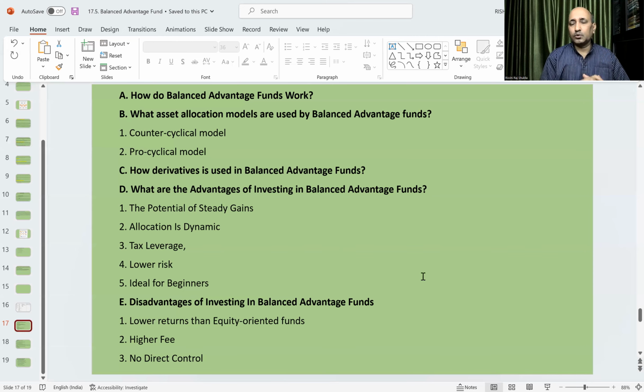So another gain is this one. So we have seen these 4 or 5 gains through investing in balanced advantage fund.